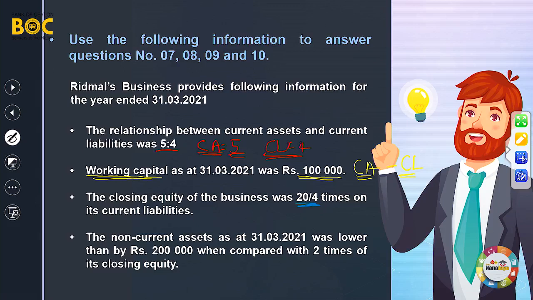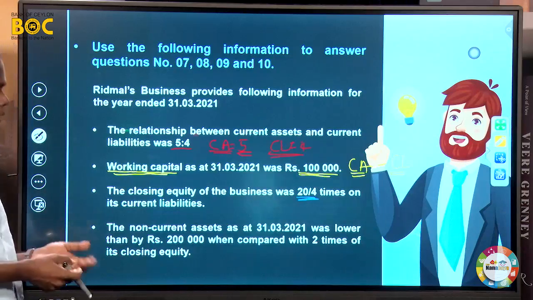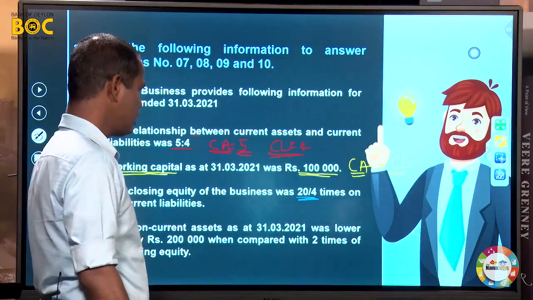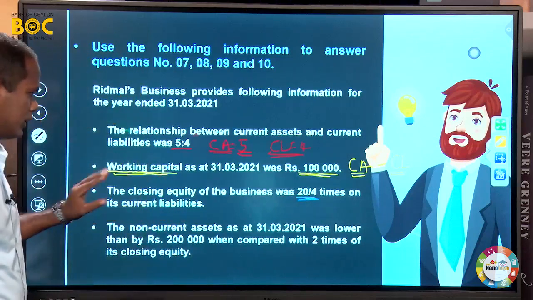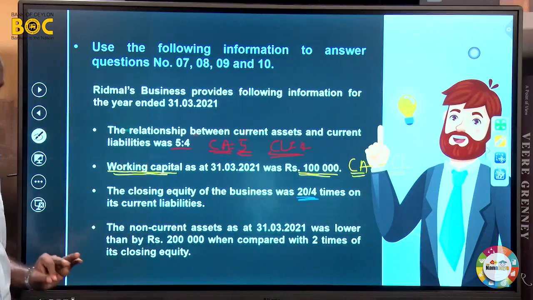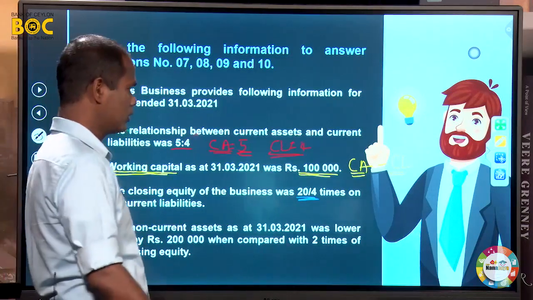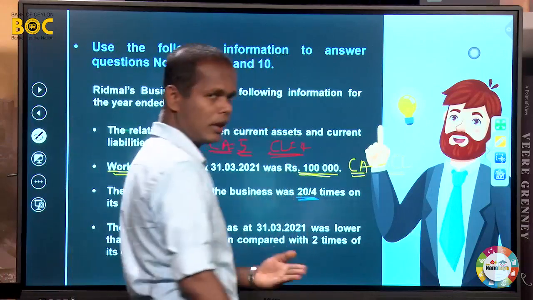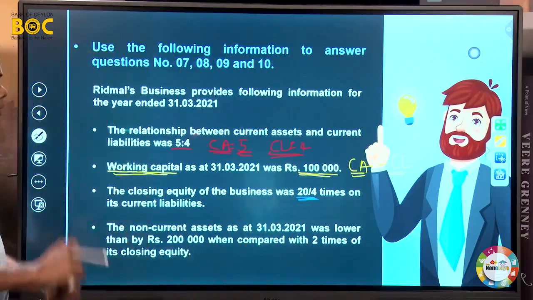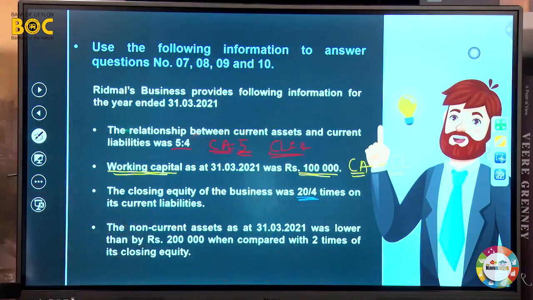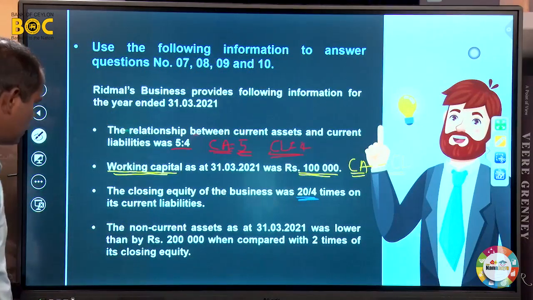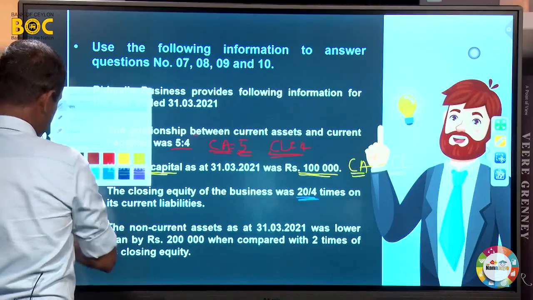Once you calculate the value of current liabilities, your closing equity is 20/4 times that, which means 5 times current liabilities equals closing equity.